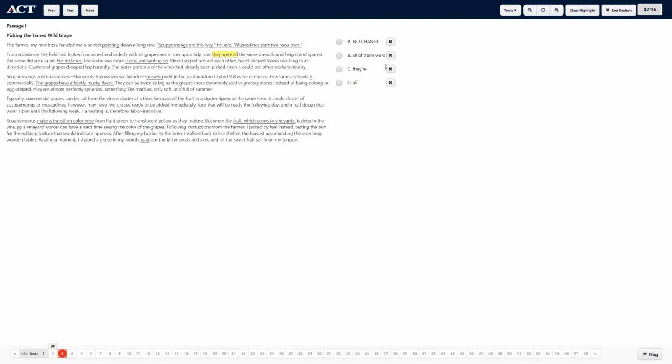It's not correct because for it to be correct we would need to start a new sentence. So it's not our answer choice here. The same for A. We can use "all" here, and this answer choice is correct, but it's too long. So we're going to choose D.